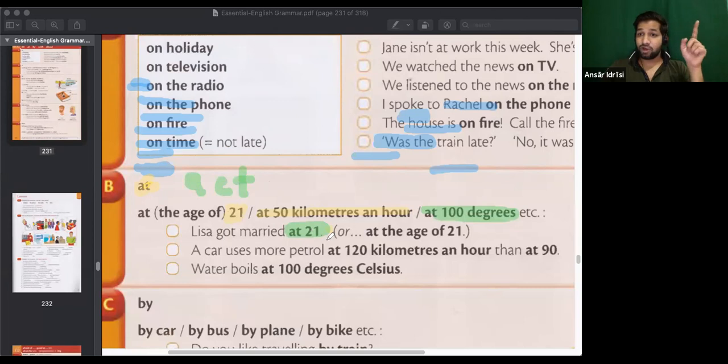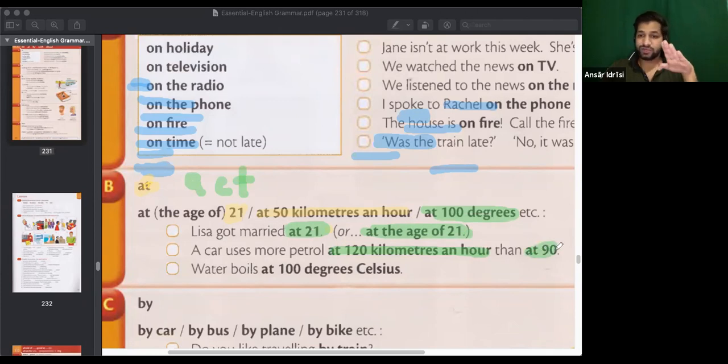For example, Lisa got married at 21. Means at the age of 21. A car uses more petrol at 120 kilometers per hour than at 90 kilometers per hour.